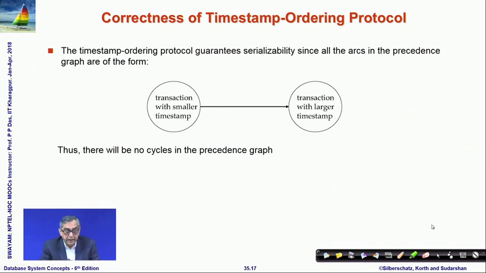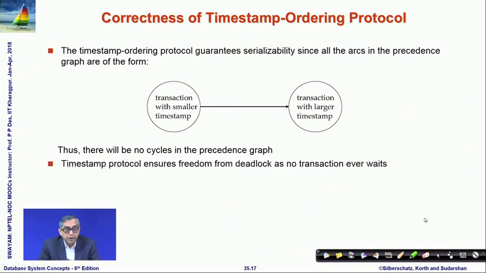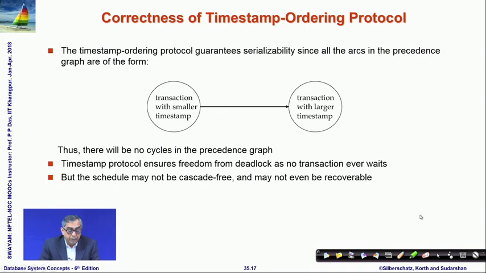So, there cannot be deadlock in this time based protocol, but the schedules that they produce may not be cascade free, and examples can be shown that they may not even be recoverable. There may be some irrecoverable schedules that get produced through this time based protocol.